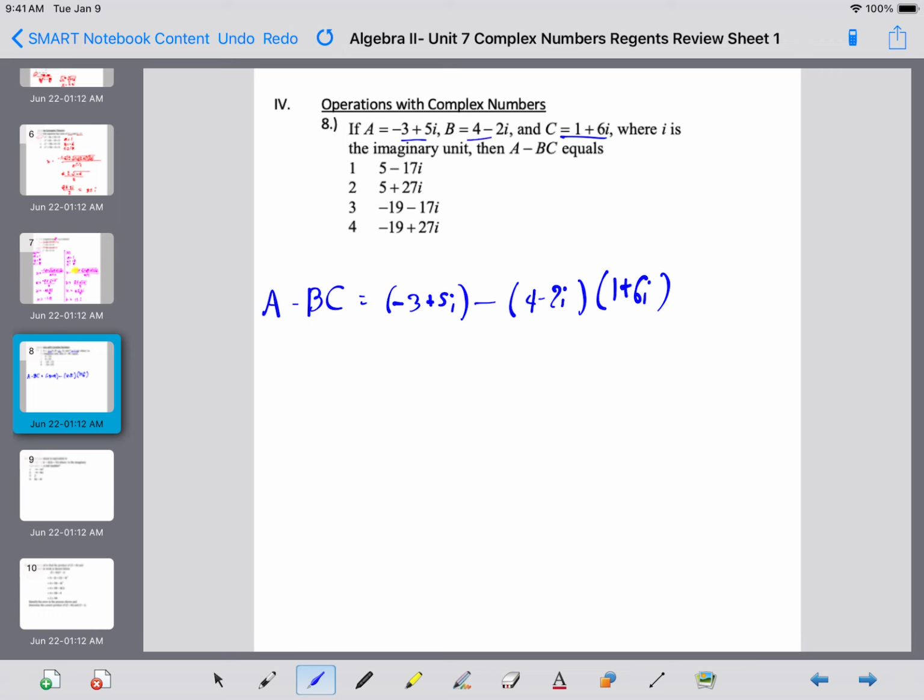Now, what you could very easily do, you go to mode, make sure you're in A plus Bi mode, right? You could just put this in your calculator. I'm going to just input it exactly as I wrote it. To get i, you do second decimal.